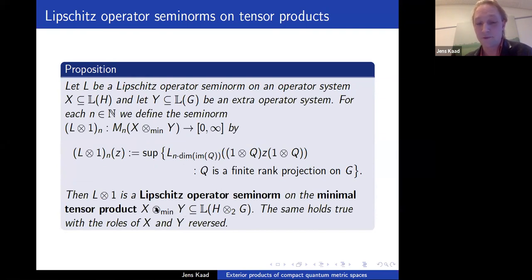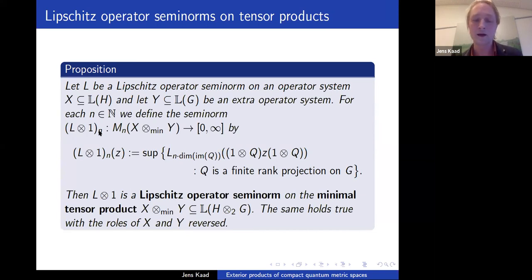I represent the algebraic tensor product on the Hilbert space tensor product of H and G, and then I take the closure in operator norm. This is the minimal tensor product of my two concrete operator systems. Now I want to define a Lipschitz operator seminorm on this minimal tensor product, given that I have a Lipschitz operator seminorm on the first of these two operator systems. So I want to define something like L tensor 1 on this minimal tensor product.